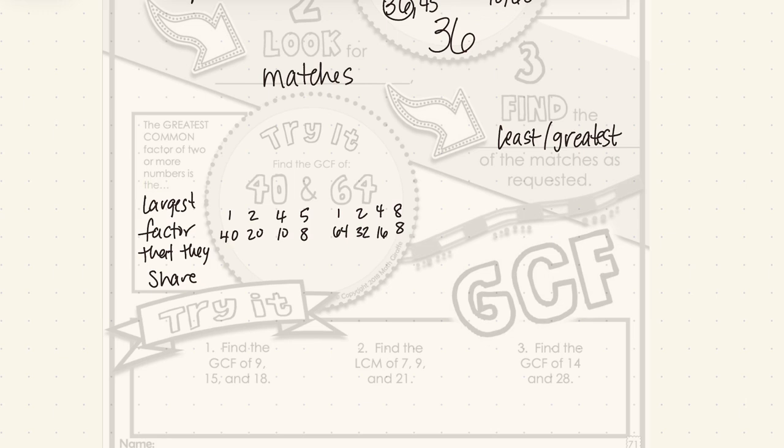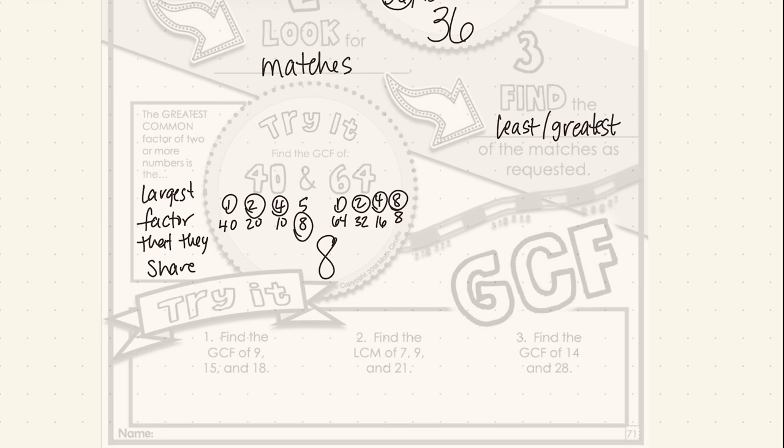So now let's see which one of these they have in common. They both have a 1. They both have a 2. They both have a 4. They both have an 8. And then that is where our common numbers stop. So the greatest common factor, the largest factor that they both share, is 8.